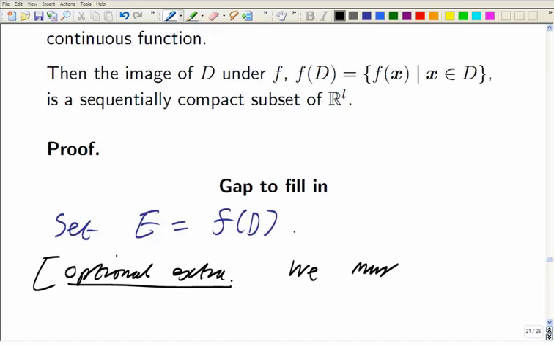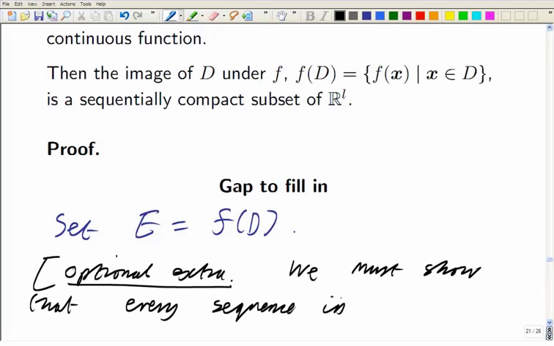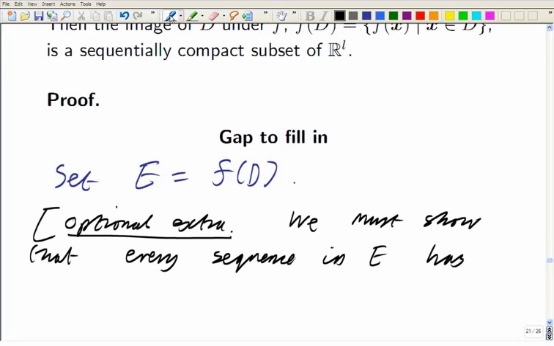We must show that every sequence in E has a subsequence which converges to a point of E.